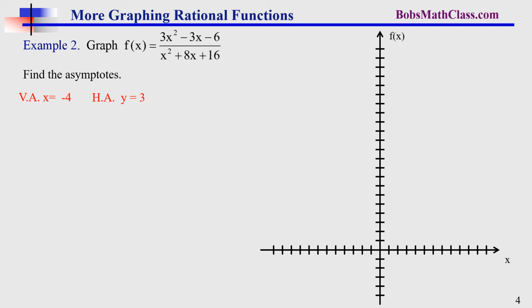So if we set the denominator equal to 0 and then factor, you know how to do that already, it's (x plus 4) times another (x plus 4). So therefore x equals negative 4, twice. There's no reason to write it down twice though. So let's graph those two asymptotes: x equals negative 4, and y equals 3.